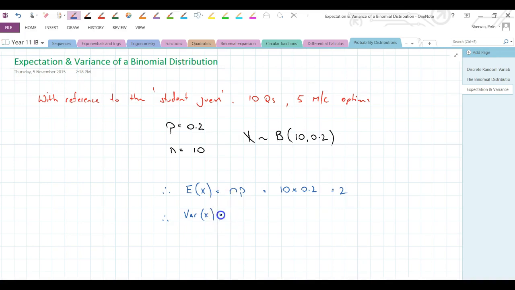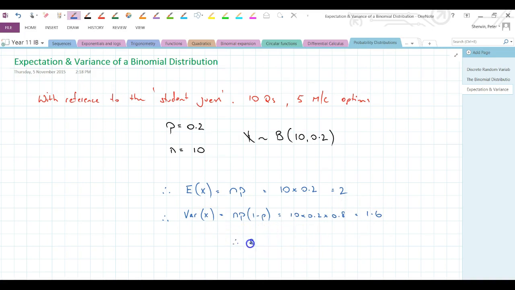The variance is equal to np by 1 minus p. So this is 10 by 0.2 by 0.8, which in this case is 2 by 0.8, which is 1.6. So the variance of the random variable x in this situation will be 1.6.